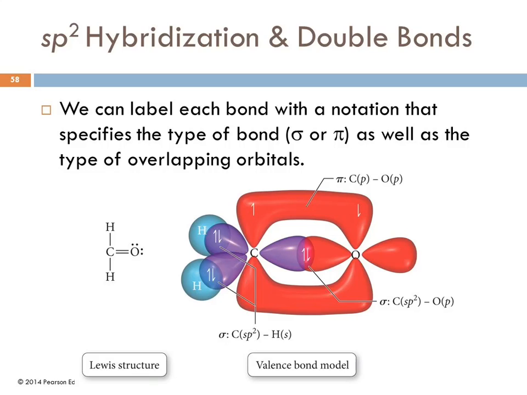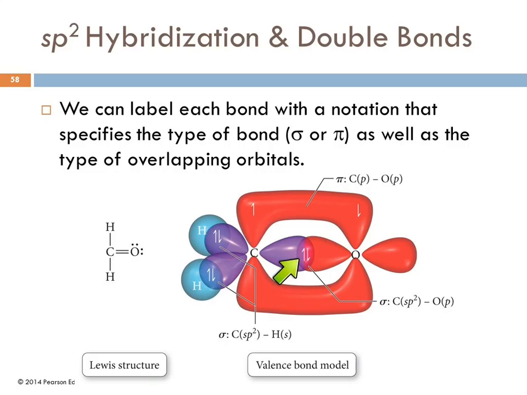It just overlaps with the end of somebody else. So this is a sigma orbital, and we can indicate that from the carbon has an sp2 orbital that's overlapping with the hydrogen's s orbital. And so both of these are the same. An sp2 from the carbon overlapping with an s orbital of the hydrogen.